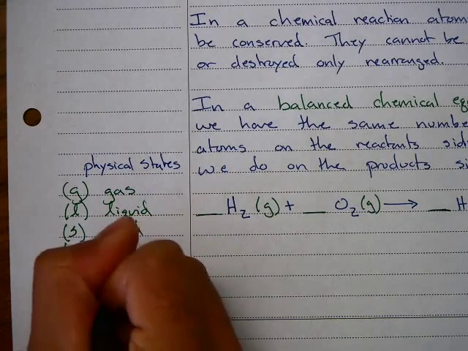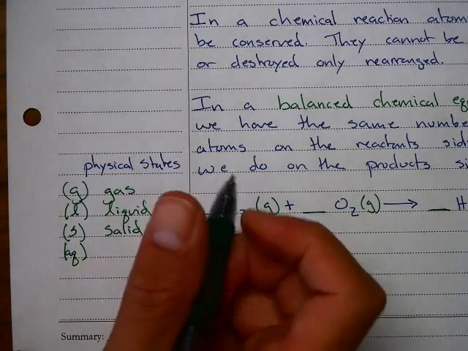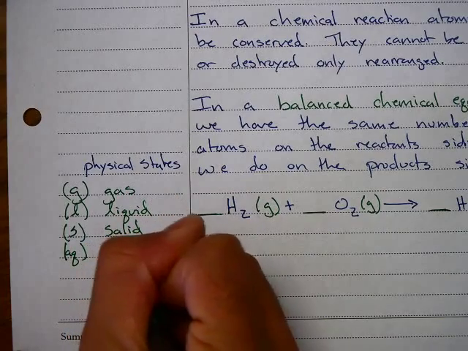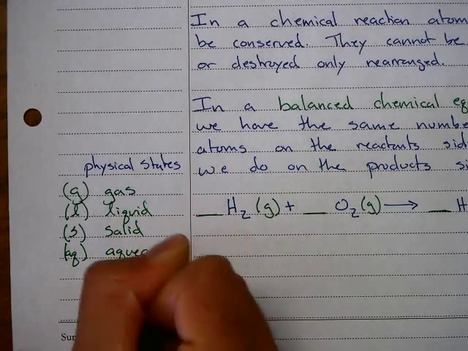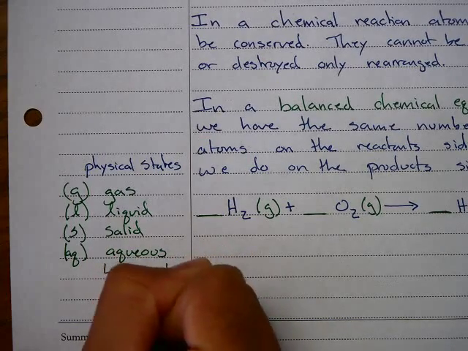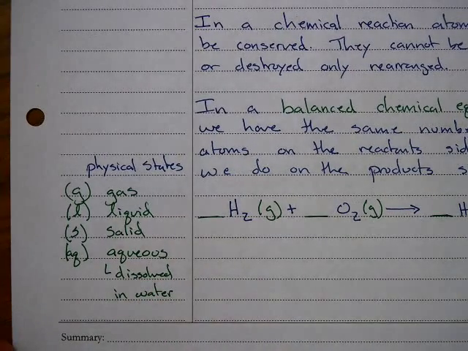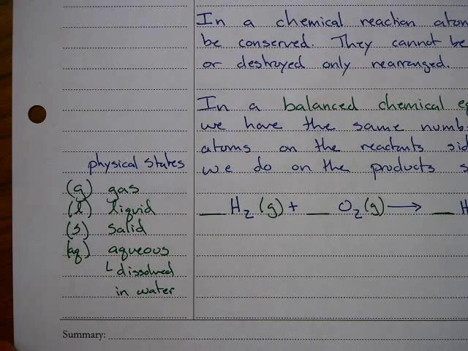And the other state we often write is aqueous, because a lot of things aren't just liquids on their own. They're not pure liquids, they're mixtures. And aqueous is a mixture with water. So it means dissolved in water. And water is a very common solvent that we use to dissolve things in. And a lot of the times, the only way we can get a reaction is actually to introduce water into the process.